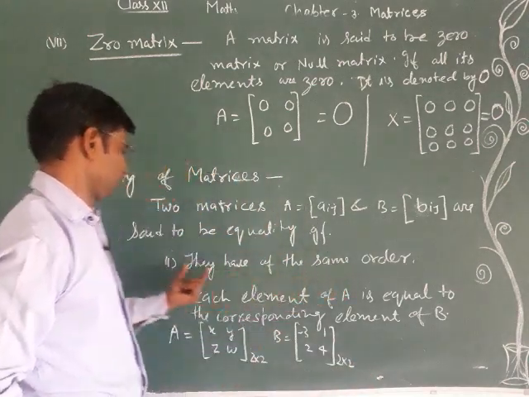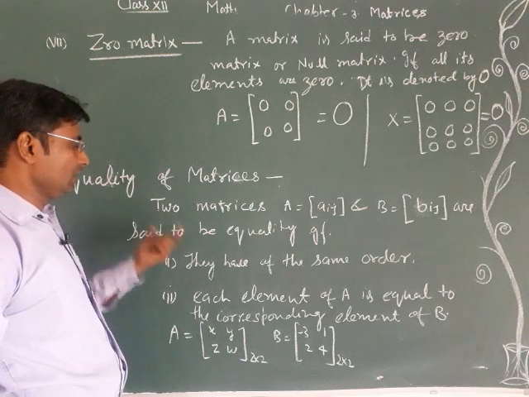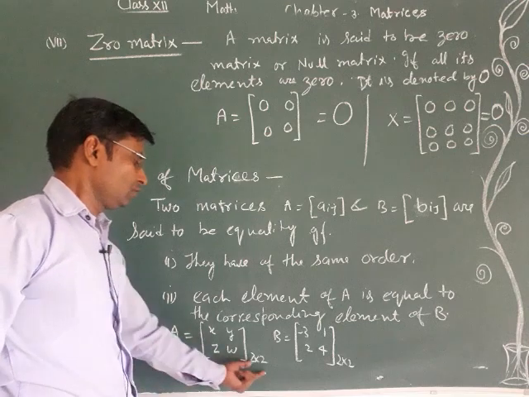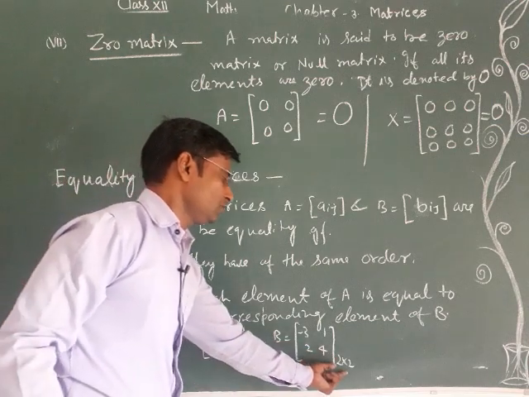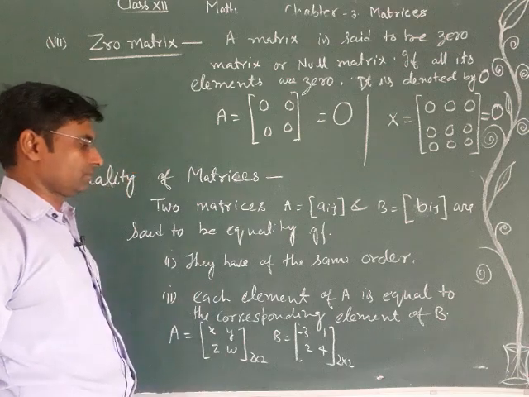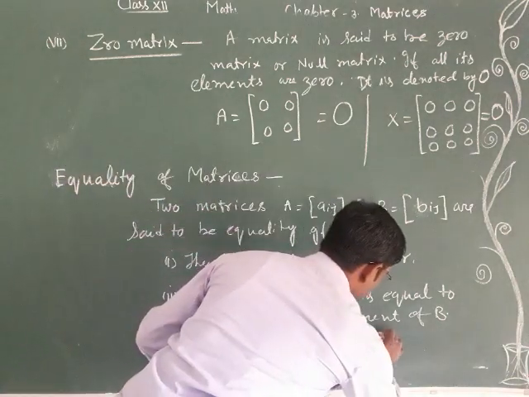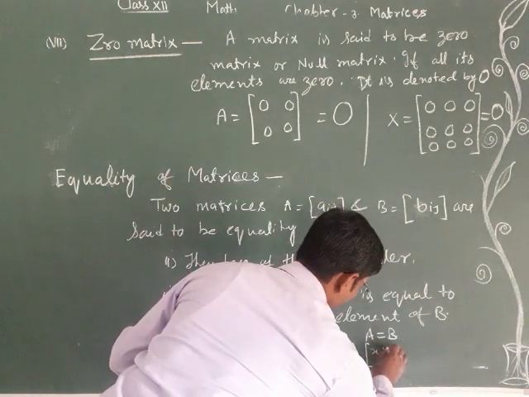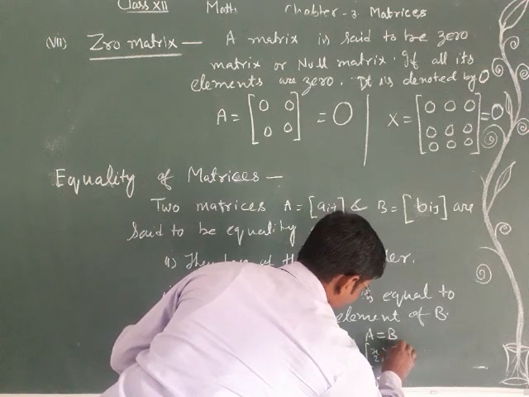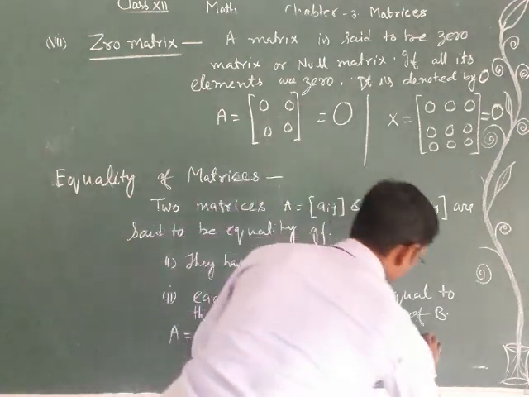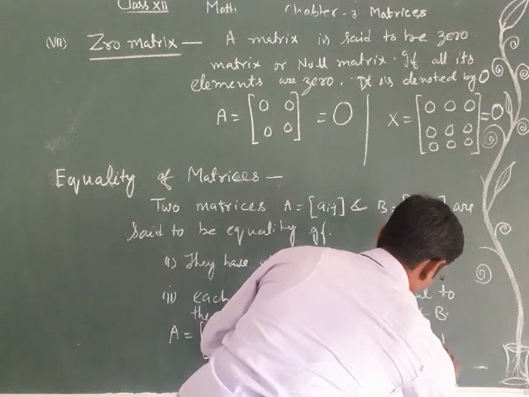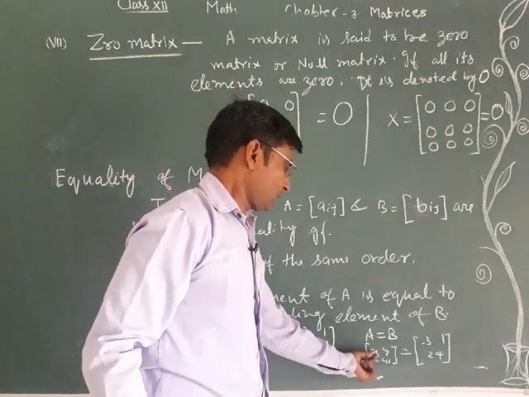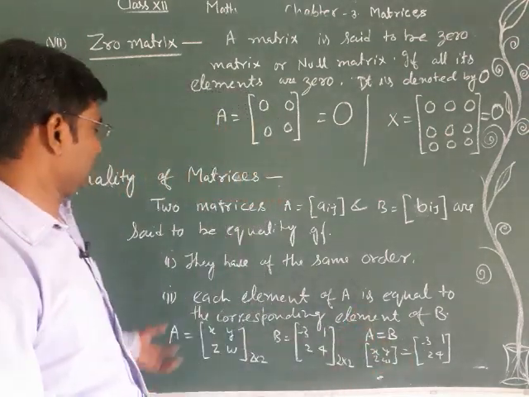The orders are the same, which is the first condition for equality. So matrix A is equal to B. You can write X, Y, Z, W equal to -3, 1, 2, 4. The corresponding elements are equal if the matrices are equal.